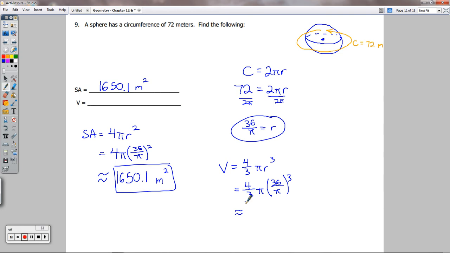Looks like I have 6,302.98. So if I round that off, best answer would be 6,303.0. That would be meters cubed.